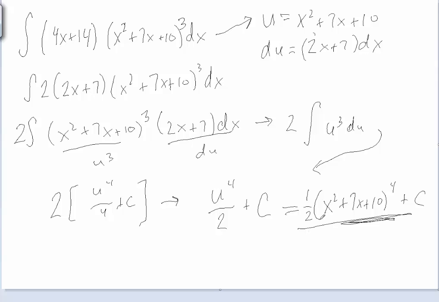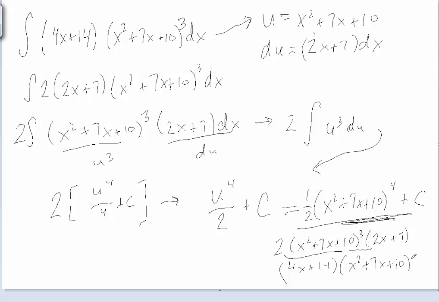Using the chain rule, we'll do 4 times 1/2, which is 2, times x squared plus 7x plus 10 cubed times the derivative of x squared plus 7x plus 10. Multiplying these together, we get 4x plus 14 times x squared plus 7x plus 10 cubed, which is what we have to begin with. So we did it right.